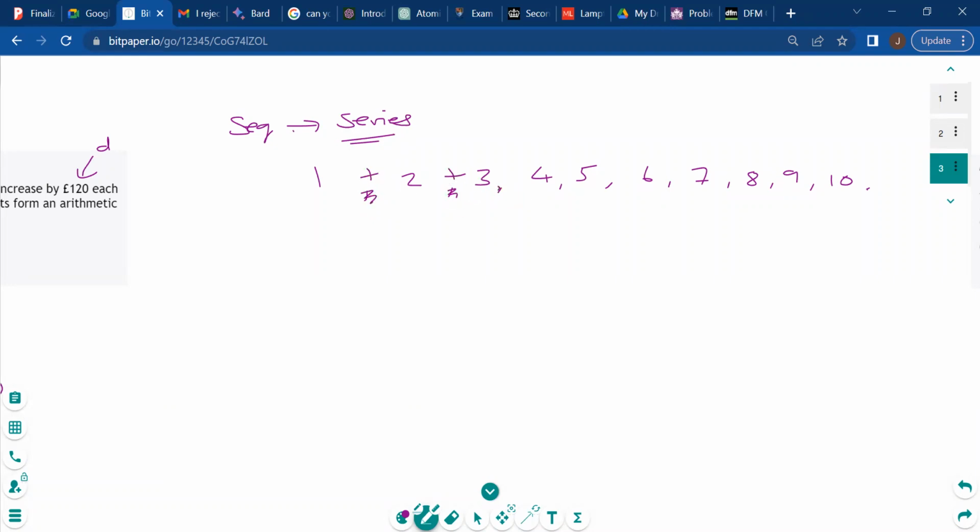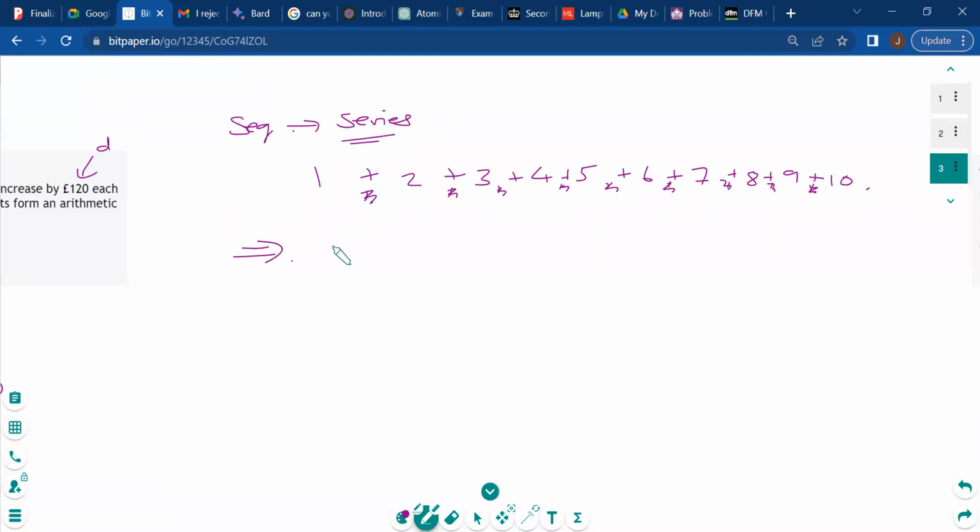A series is when you have lots of different parts and you decide now that you're going to add those parts together. Now, we don't want to be doing this on a calculator because it's going to take us too long. So I want you to think of doing something a little bit different.